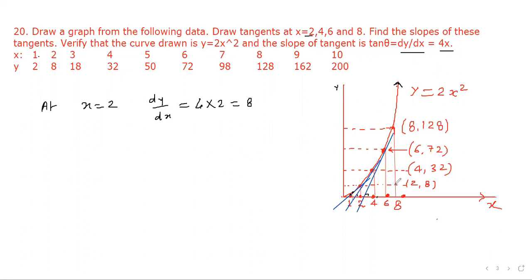Similarly, at x equal to 4, if we find dy by dx, means tan theta, it is difficult on this, so I'm directly writing the result. So tan theta will be 4 into 4, that will be 16. Similarly, for x equal to 6, for x equal to 8, tan theta or dy by dx can be found.